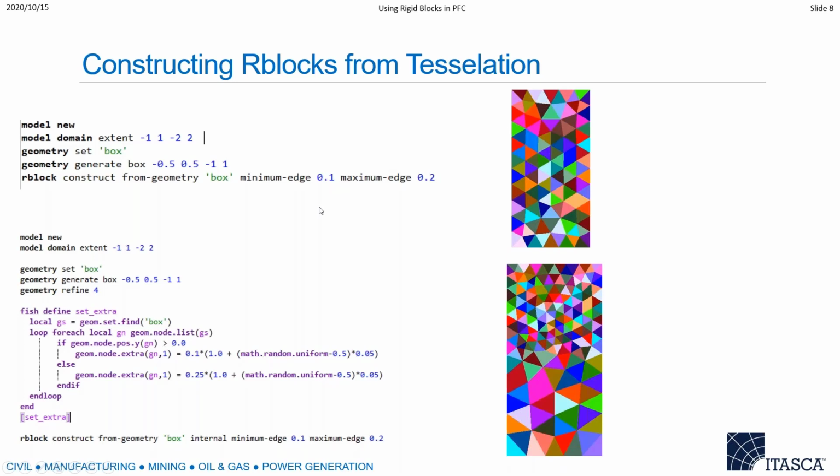Okay, so this is a basic usage of the RBlock construct command. And as you see, as we can provide information about node positions, centroid positions, and values of sizes inside the material, we can inform it to get an appropriate mesh.